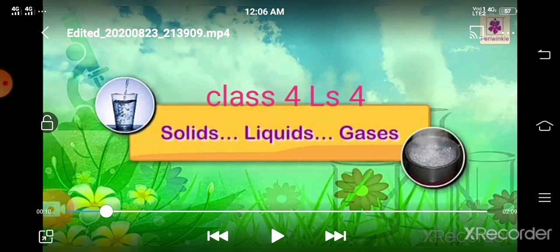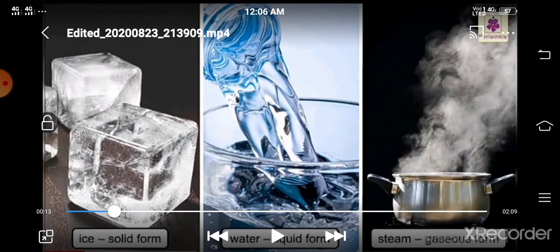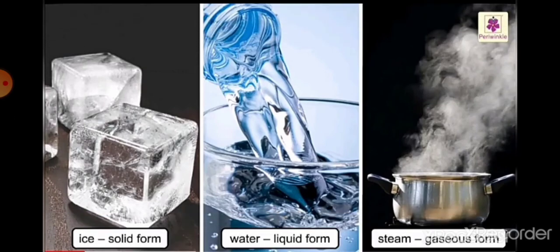So, let us see. Solid form, that is ice. When you freeze the water, it forms into cubes. That is the solid form of water. Right, children? What is the liquid form? Water.